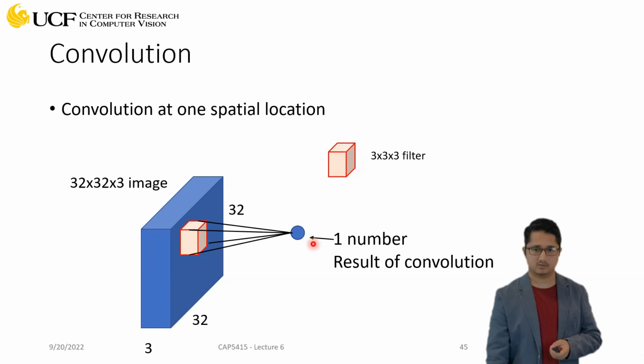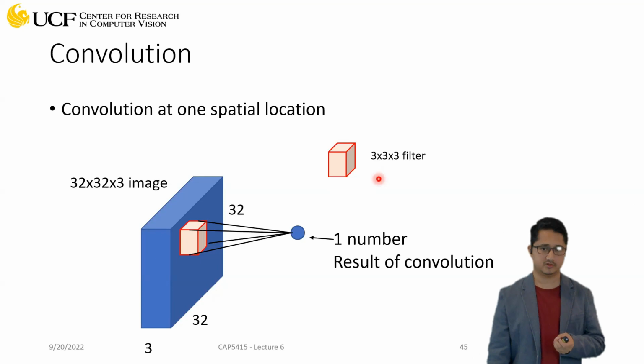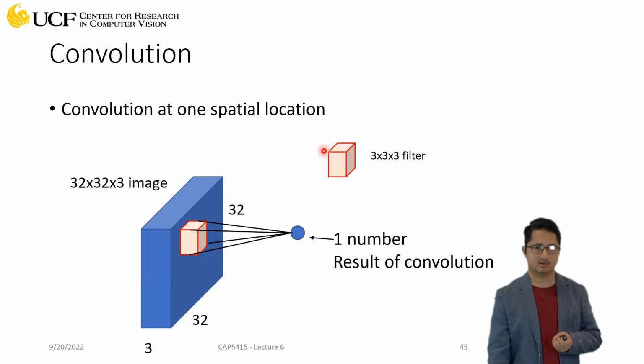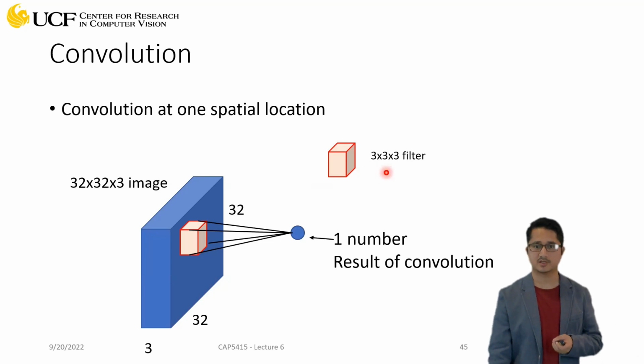Okay, so another point, this is called 2D convolution, right? But the kernels you are using, it's 3-dimensional kernel. The kernel is not 2D. Okay, so that's one thing to note. And if you are performing 3-dimensional convolution, your filter shape will be 4-dimensional.